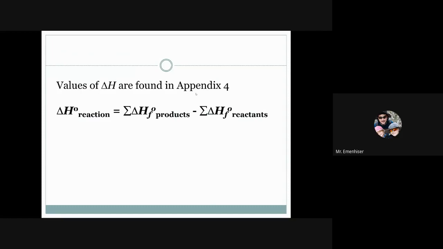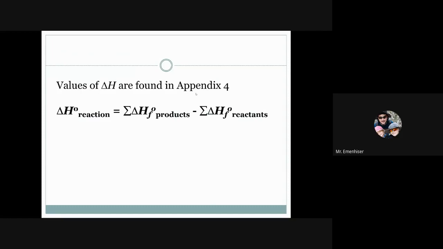We're not going to be given the delta H for elements, because the delta H for a pure element at standard state is defined as 0. Because the delta H of formation to make a compound, or to make a substance, is a given value. So if we're going to make water, the delta H of formation is the energy needed to make water from pure elements.